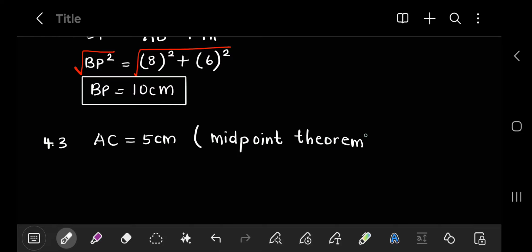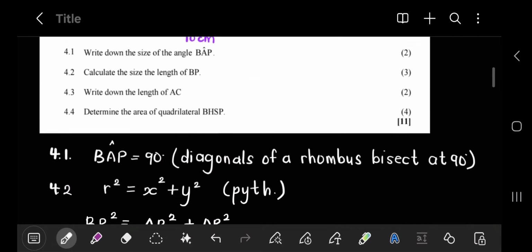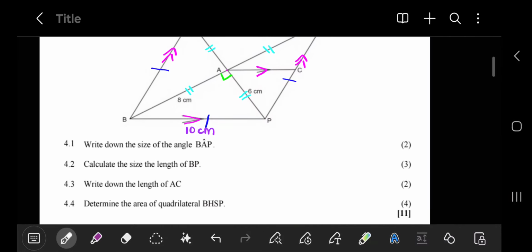I have seen some questions where instead of writing midpoint theorem as the reason, they write the actual theorem, something to the effect of a line drawn from one side of the triangle to the midpoint of the other is parallel to the third side. But that in itself is the midpoint theorem. So midpoint theorem is accepted as well, and sometimes you can give the entire theorem as your reason. So we have AC as 5 centimeters.